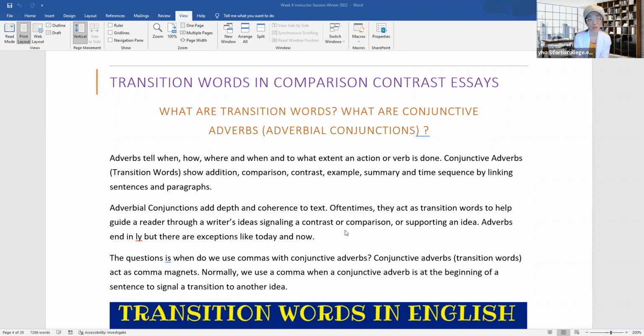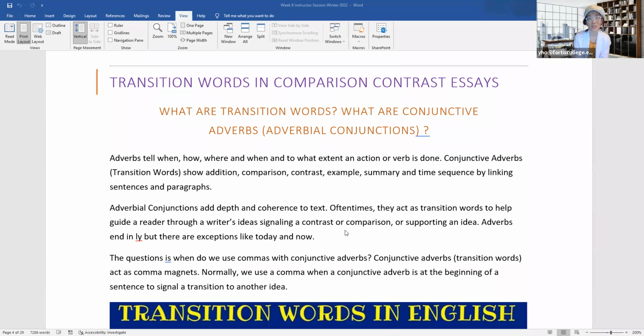Oftentimes, they act as transitions to help guide a reader through a writer's ideas, signaling a contrast or a comparison or supporting an idea. So whenever you use a transition word, you're telling the reader you're about to talk about something else. If I were to say, Mary is rich, however, as soon as I say the word however, the reader suddenly realizes, oh, there's going to be another idea coming up.